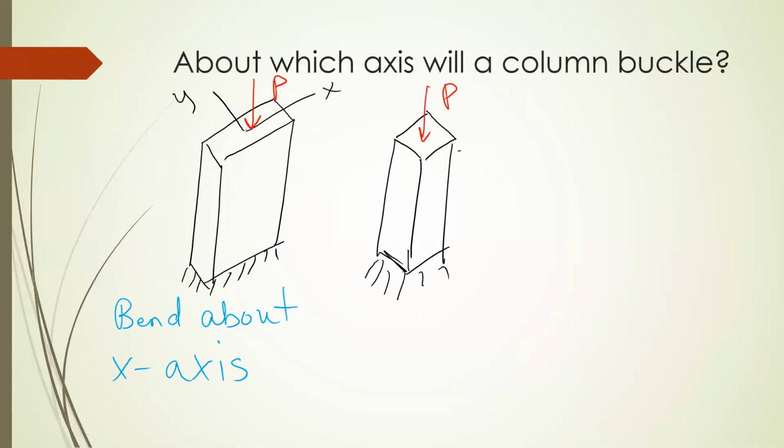Yeah, so at this point, like you said, if the material is non-homogeneous, or there are some imperfections in the density of the material, that might be enough to influence it to deflect one way versus the other. But other than that, it's somewhat arbitrary. Mathematically, it's the same whether it deflects about the y or about the x.